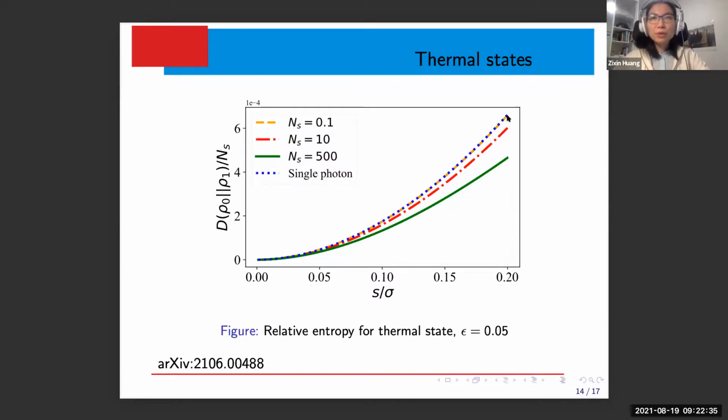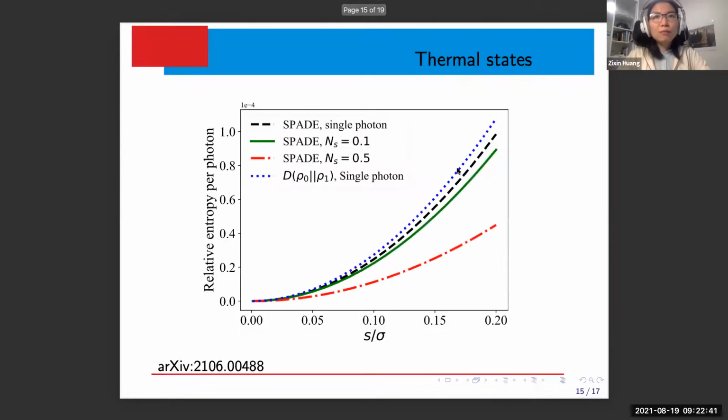So yeah, it drops by a small factor, but not that much. So we can consider the spatial demultiplexing measurement again. Once again, it's still fairly optimal in the limit of small epsilon and small separations, but its optimality does drop off quite a bit if you increase the mean photon number.